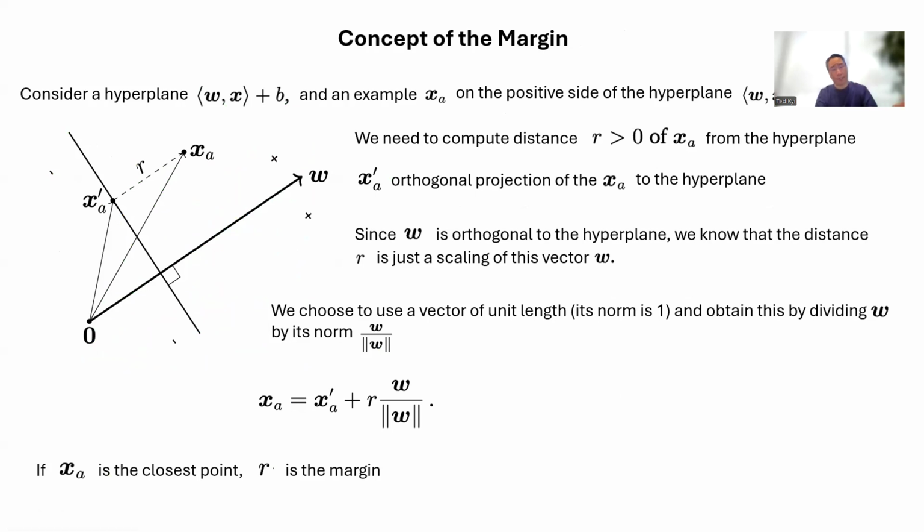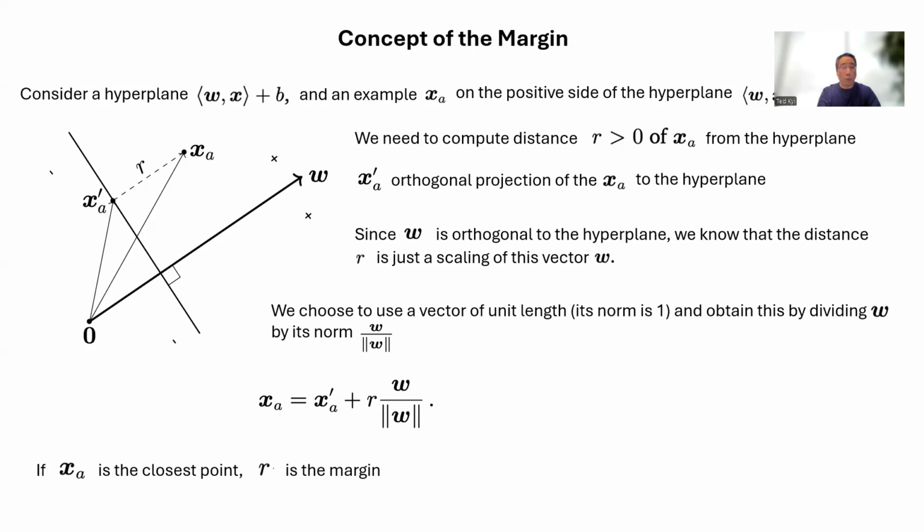So there's a bunch of formalism here. And the idea is if you define your hyperplane as wx plus b, okay, here's our vector w, and then here's our hyperplane. Any point that you have, we're going to call this one x sub a. A doesn't stand for anything particular. It's just a random data point.